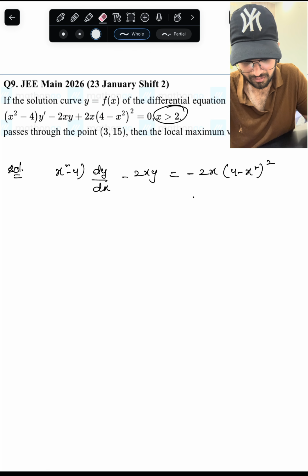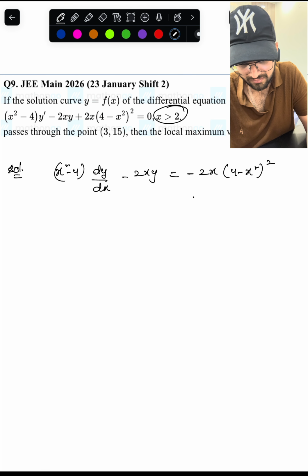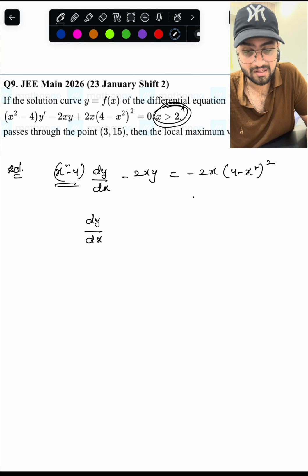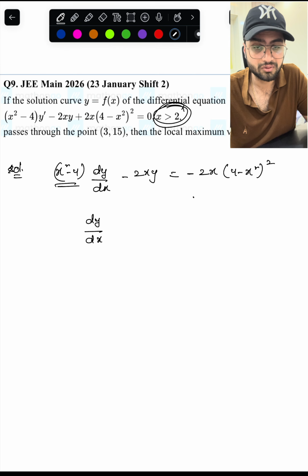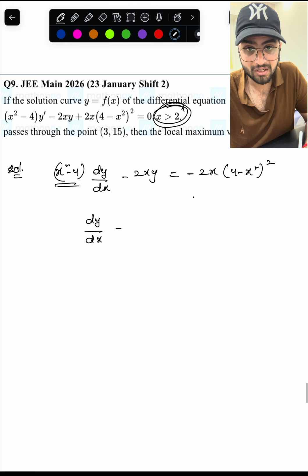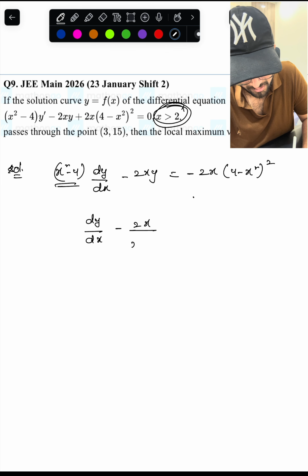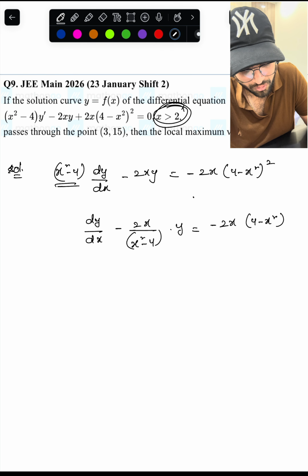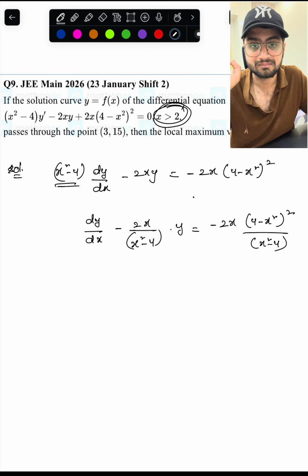Now you need to divide by x² − 4. Of course it cannot be 0 here, as x > 2, because if it is 0 we can't divide. So it's definitely not 0, so we can divide: −2x/(x² − 4) · y = −2x(4 − x²)²/(x² − 4).